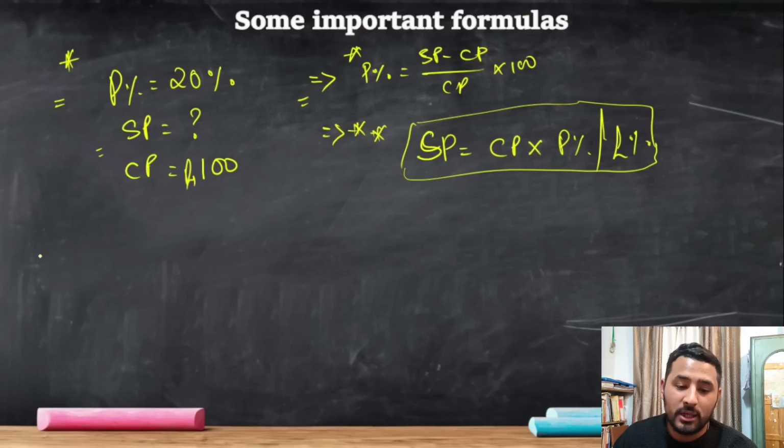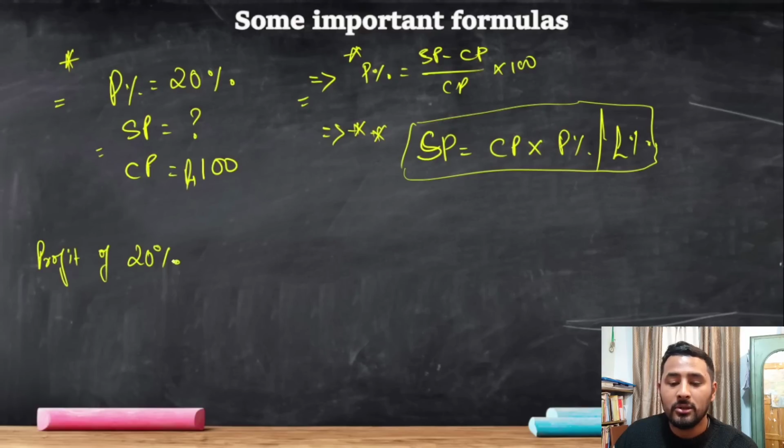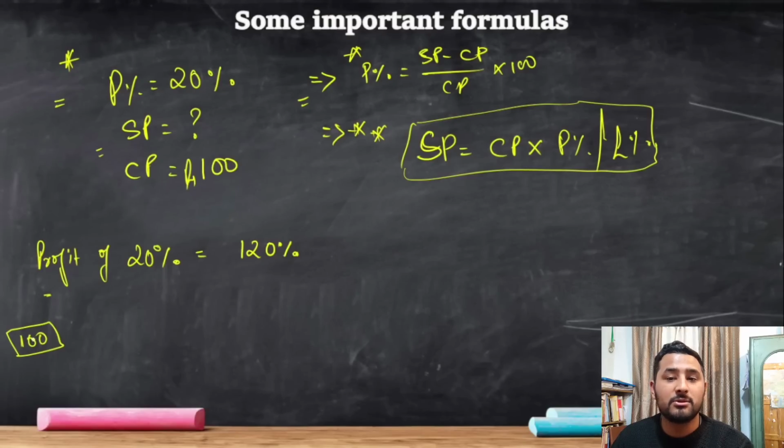And one more thing you should remember: if it is a profit of 20%, what number should you take? This will not be just 20%. If the profit is of 20%, you should always write this as 120%, because we always count the base number as 100. So whatever is in 100, if you say profit, you have to add.